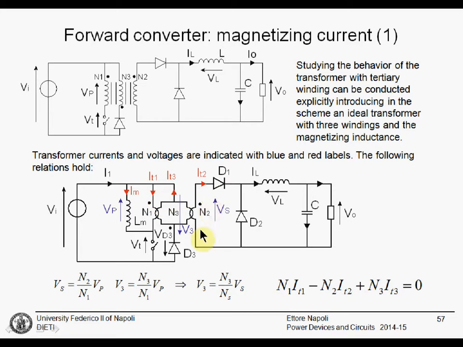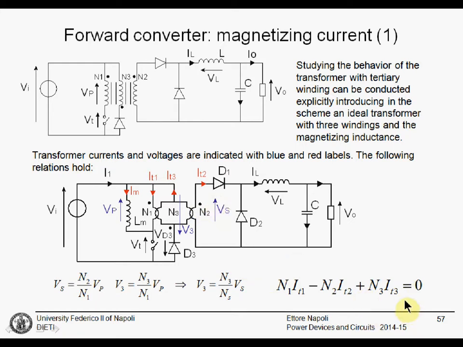An ideal transformer has zero reluctance, and this means that the sum of the magnetomotive forces is 0. And this is negative because here we are using this different versus for the current. This is exiting from the dot.